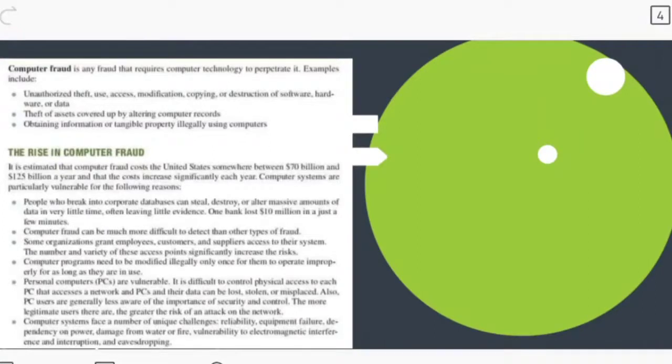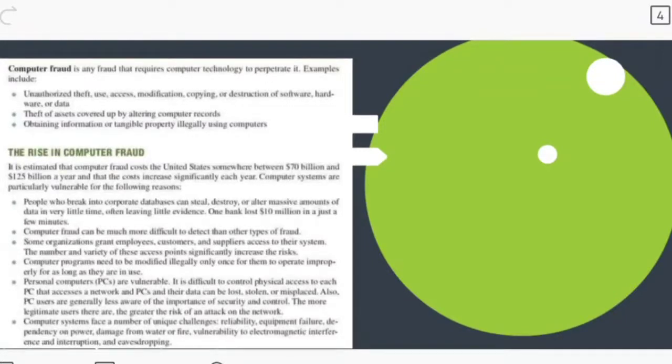People who break into corporate databases can steal, destroy, or alter massive amounts of data in very little time. It makes it easier. So computer fraud can be much more difficult to detect than other types of fraud.